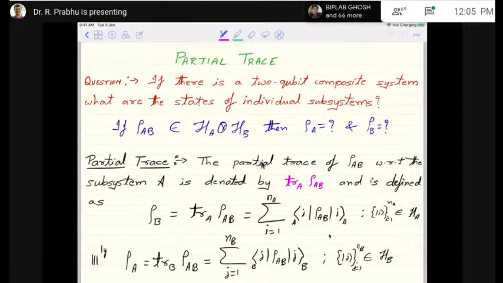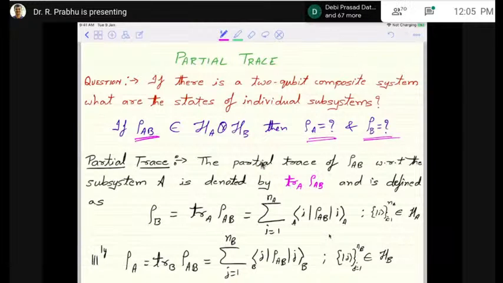If I have a density matrix rho_AB which belongs to H_A tensor H_B, then what are the local density matrices, or states of the subsystems, is what I am seeking here.